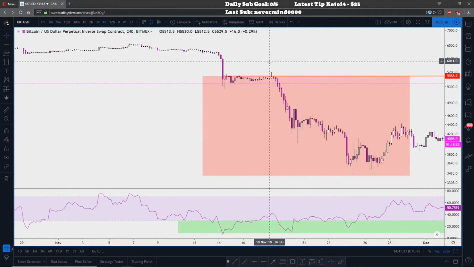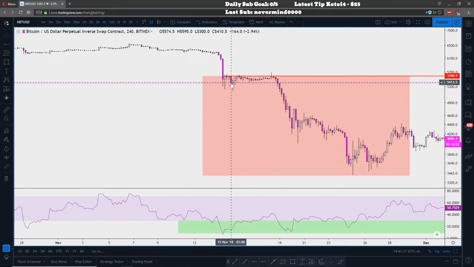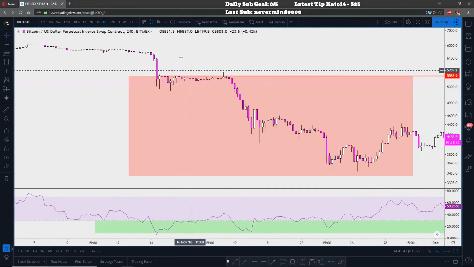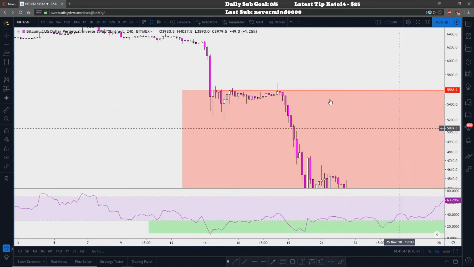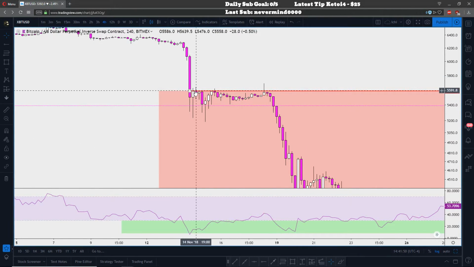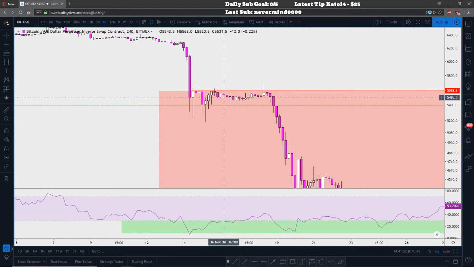So if you're properly trading the RSI, you're looking for a reversal point, you never have a reversal here. You put in a resistance, you never close above it. So if you're not closing above your resistance, you're not going to reverse. How are you going to reverse if you can't break a resistance point?